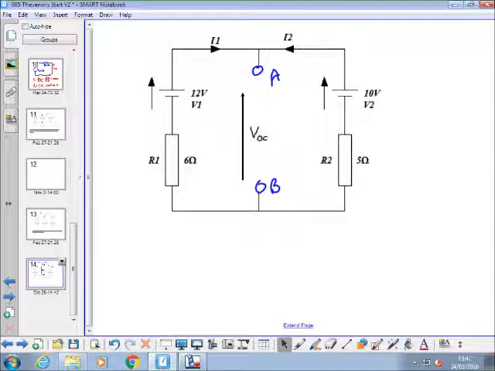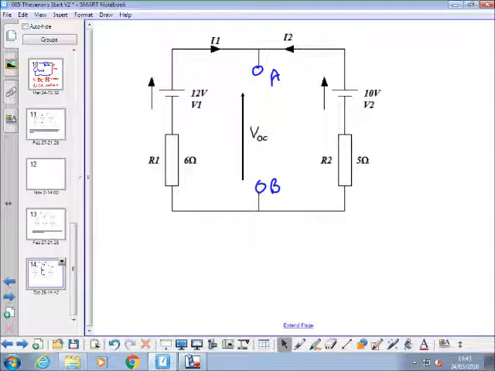What would be your suggested way of doing that? Removing one of the sources. Yeah, so overall, Carl, what technique are you going to use? Superposition. If you're going to remove one source, you're going to go through the process of superposition.